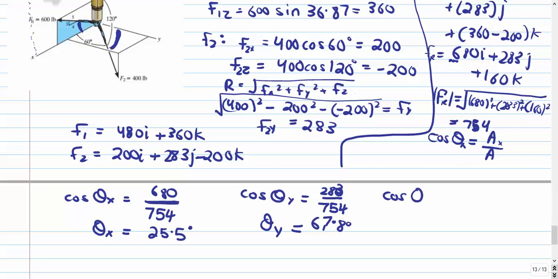And lastly, for theta z, we get its component along the z-axis divided by its total magnitude, and theta z is equal to 77.7 degrees.